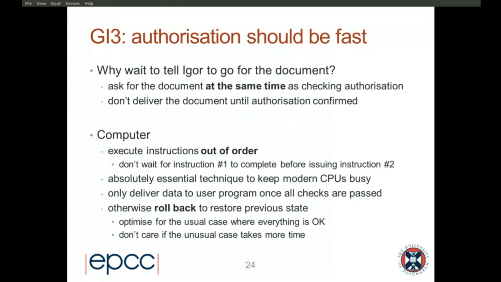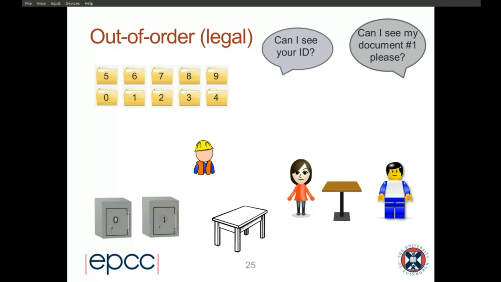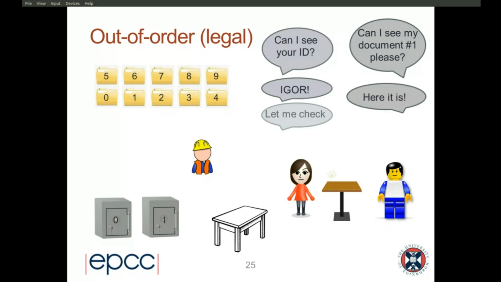So I'll illustrate the usual case here. So this is how out-of-order execution works in this analogy for a legal access. I say, can I see document number 1, please? And now what the lawyer does is at the same time, she checks my authorization and asks Igor for the document. She asks for my ID, I give it to her, and then she does these 2 things at once.